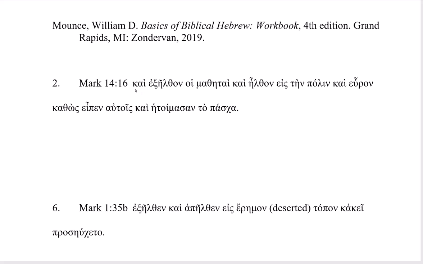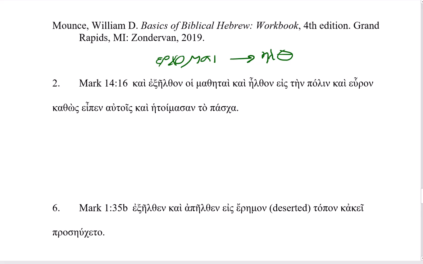So we have kai exelthon. I think we noted that for erchomai, the second aorist stem is going to be elth.